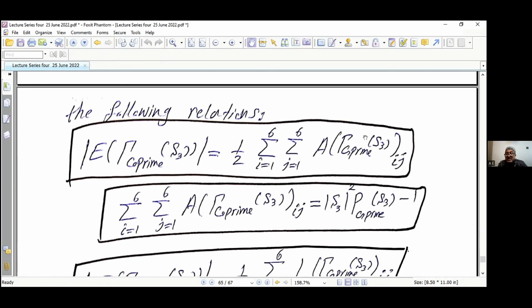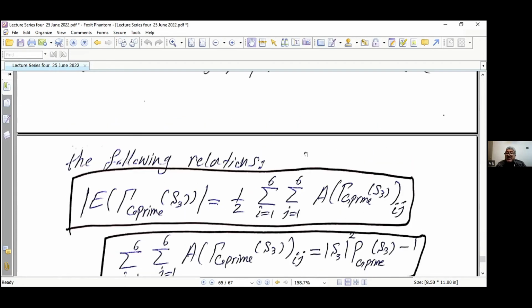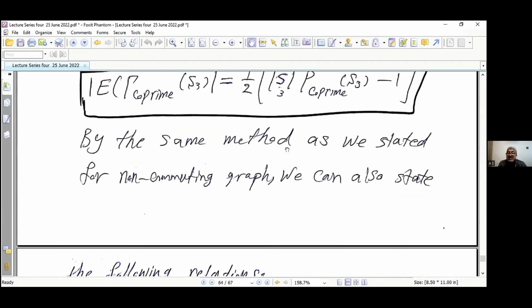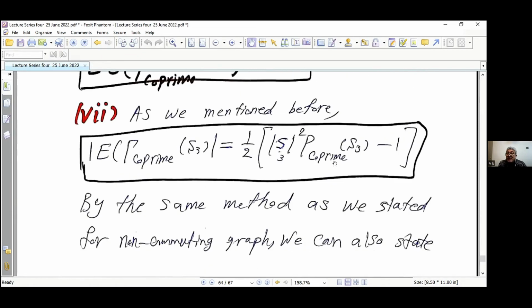So this summation is exactly the number of pairs. The order of S3 squared times the co-prime degree is exactly the number of pairs.